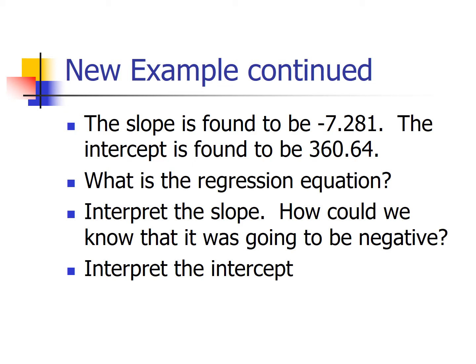Interpret the slope. How could we know that the slope was going to be negative? And interpret the intercept. Real quick, how do we know the slope was going to be negative? Well, the correlation was negative. And remember, slope and correlation always have the same sign. Now let's look a little deeper to find the answers to the other questions.